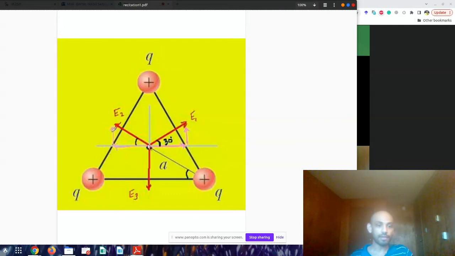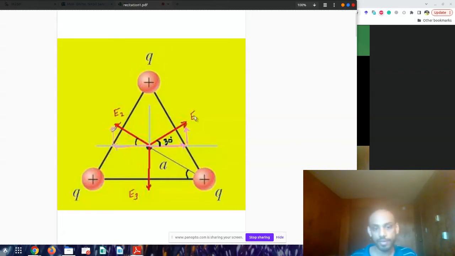Likewise, you can calculate the electric field due to the other point charges located at the other vertices of the equilateral triangle. If I take the point charge at the bottom left vertex over here, then the electric field would be in a direction pointing from that charge to the center of the triangle. It would be this vector pointing in this direction, as I extend this further. That's the electric field vector E1.